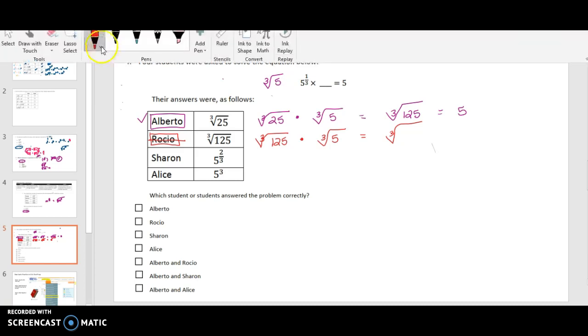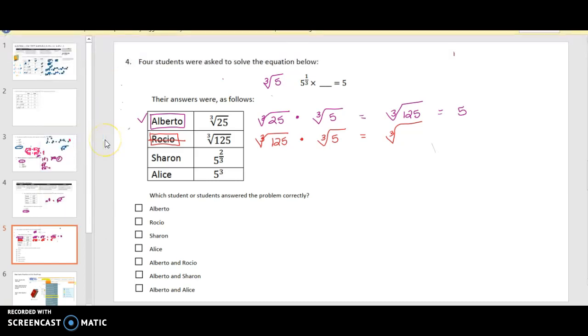All right, so let's keep going down the line. Let's do Sharon. Now this one is a little bit different. I am going to keep 5 to the 1/3 the way it is, just like it was given to us, because I'm going to multiply 5 times 2/3. When you multiply bases, you add exponents, so this turns into 5 to the 1/3 plus 2/3, which equals 5 to the 3/3, which translates to 5 to the 1, which is just 5.